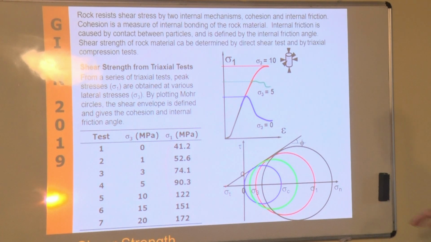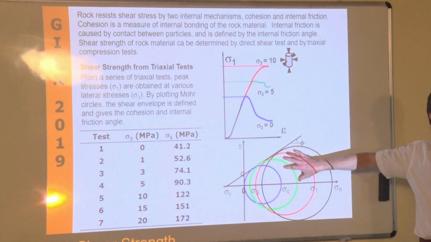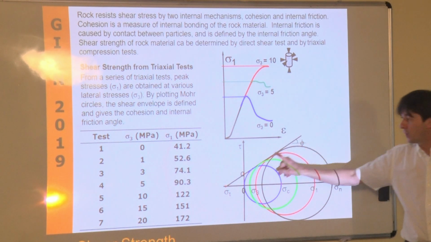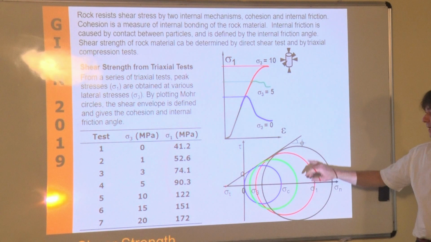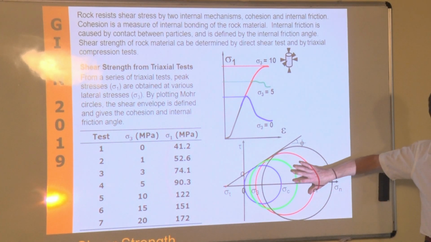If we assume the failure obeys the Mohr-Coulomb criterion, so it's a shear failure, you can calculate the cohesion and the internal friction angle of those particular rocks.